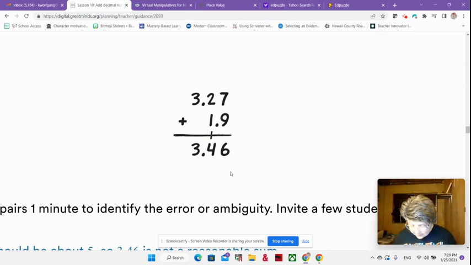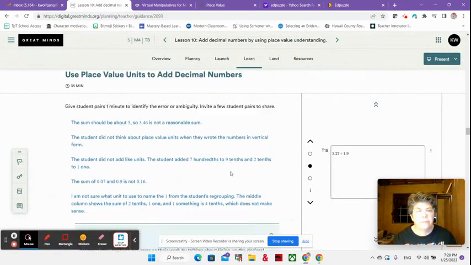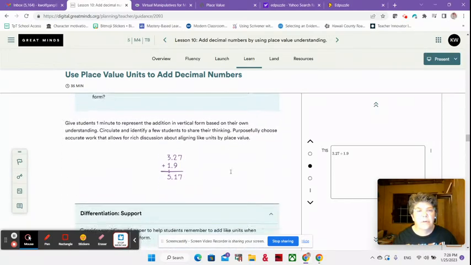What is the mistake? What did you notice? You could think about it in a few different ways. This is not the correct answer. It's not the answer that you got when you did it with the place value discs. What's the problem here? Go ahead and put that in Edpuzzle, and we're going to move on.